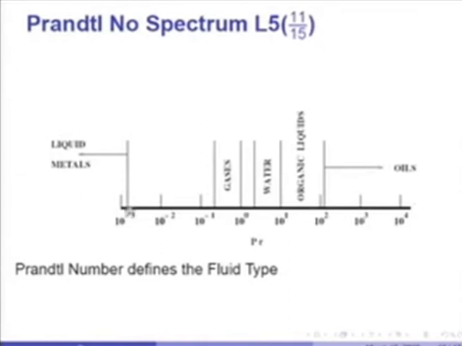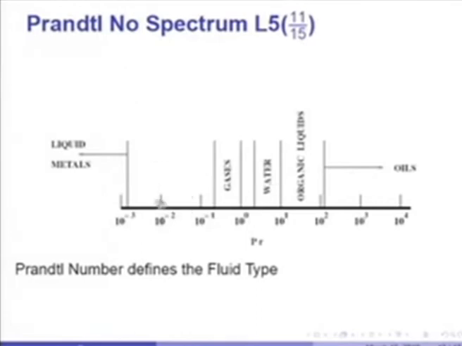On the other hand, liquid metals like mercury, sodium, liquid potassium, which are used for high heat flux heat transfers as obtained, for example, in breeder reactors, are preferred, and in those cases their conductivities are so high compared to their viscosity that liquid metals have very, very low Prandtl number.